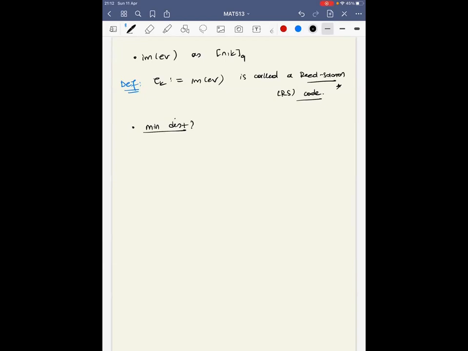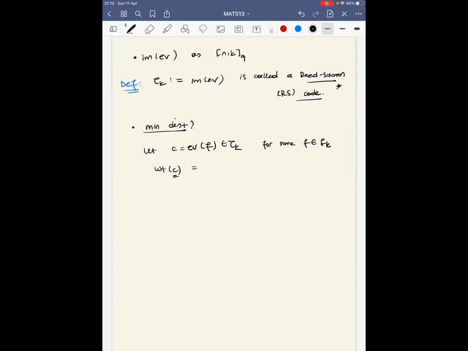To understand its minimum distance, since it's a linear code, it's enough to check the weight of a codeword in C, which by the construction has to be the evaluation of some polynomial f.